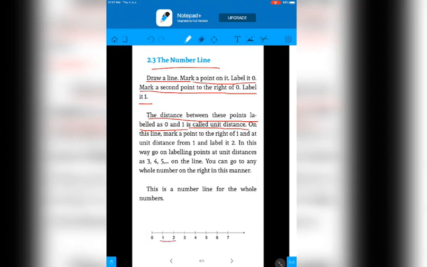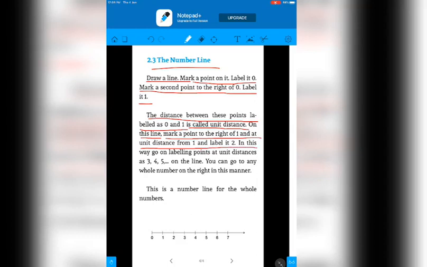The distance between 1 and 2 is also 1. The distance between 2 and 3 is 1. 3 and 4, all 1. So these distances are 1, because the difference between these numbers is 1. On this line, mark a point to the right of 1 and at unit distance from 1 and label it 2.